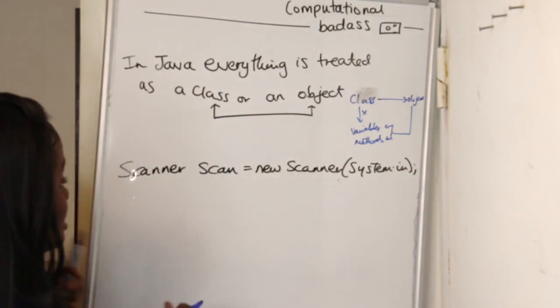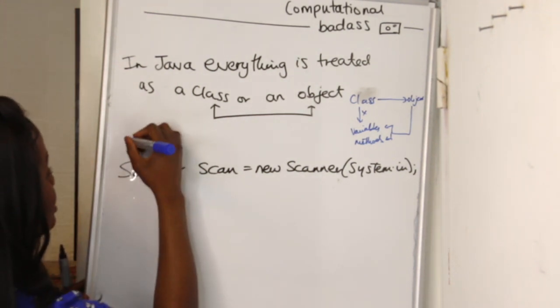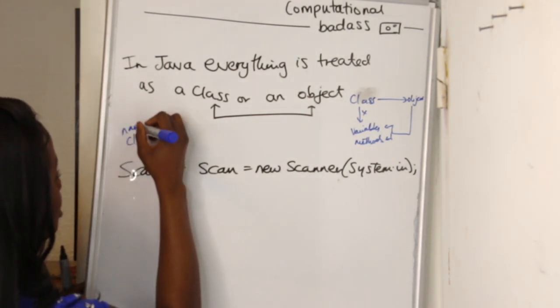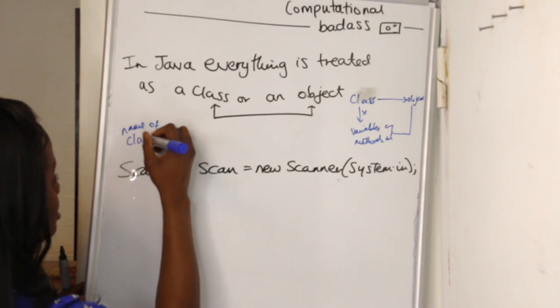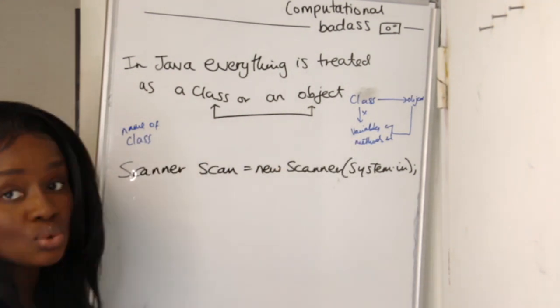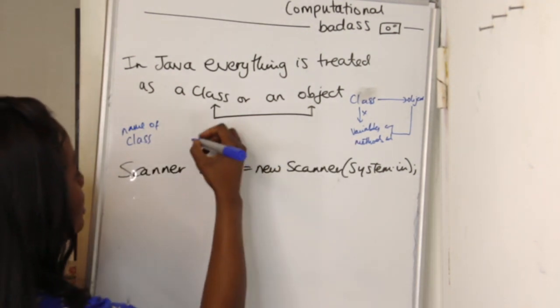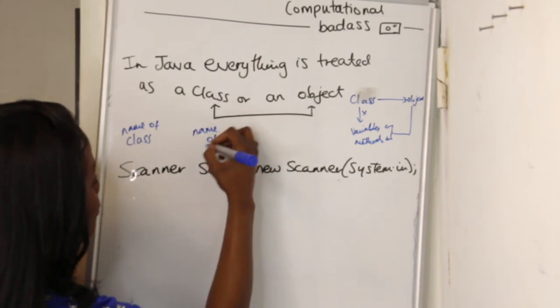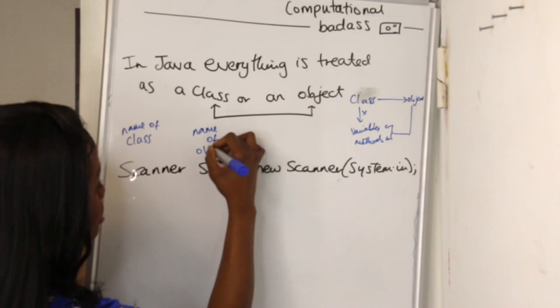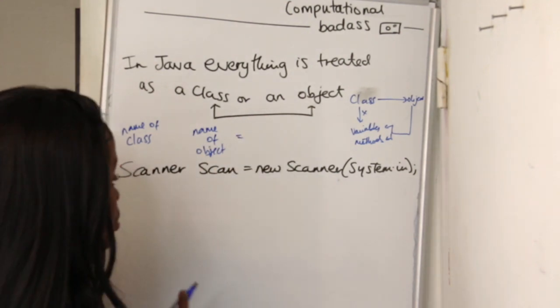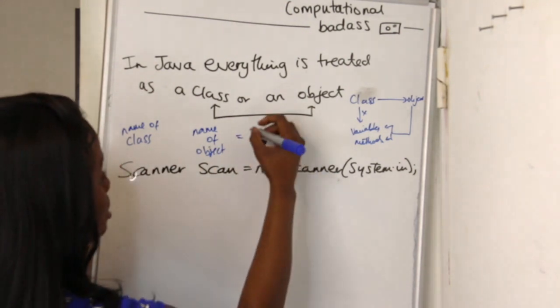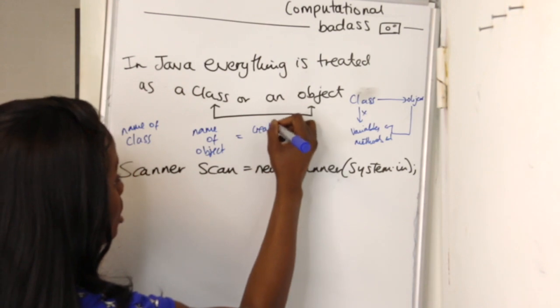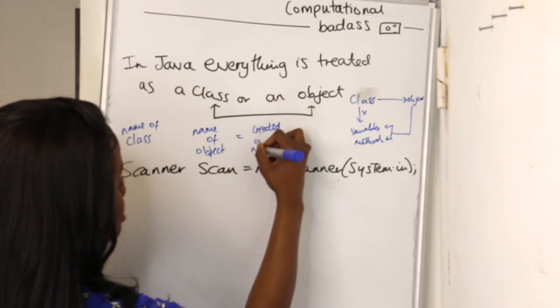What this just means is Scanner is the name of the class. Okay, remember the class that we talked about earlier. Then scan is the name of the object. New means that we've created a new object.